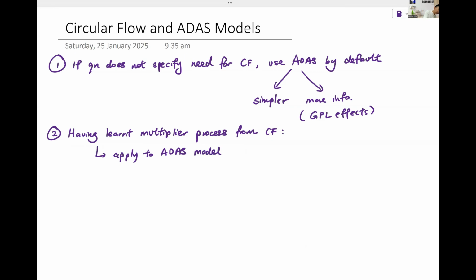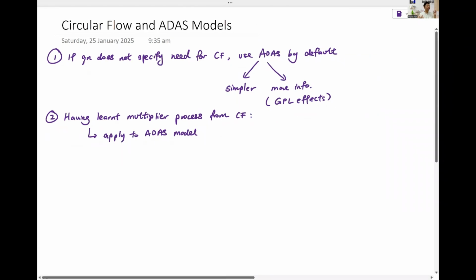We have to learn how to apply it to the AD and AS model, so it doesn't disappear along with circular flow. In other words, whether you are drawing your AD-AS or your circular flow models, the multiplier is still necessary. It is still important rigor. So today's lesson is actually about rigor. So exactly what is rigor? Now I'll share more with you. Apply to the AD and AS model, this forms rigor.